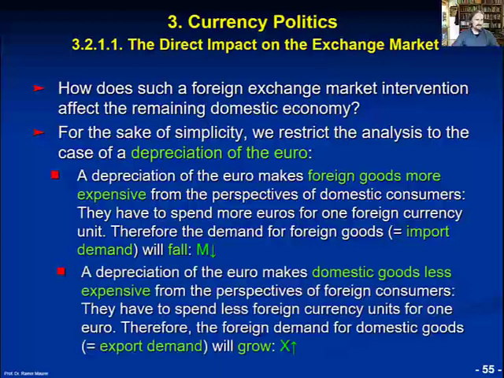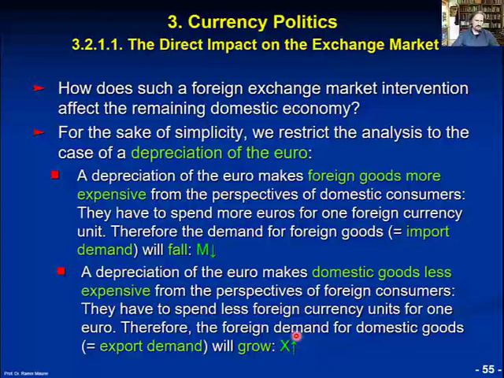On the other hand, a depreciation of the euro makes domestic goods less expensive from the perspective of foreign consumers. So they have to spend fewer foreign currency units for 1 euro. Therefore, the foreign demand for domestic goods, which is what we call export demand, will grow.